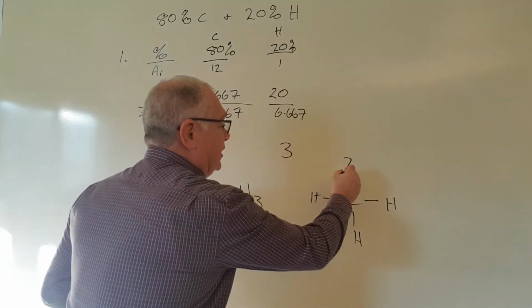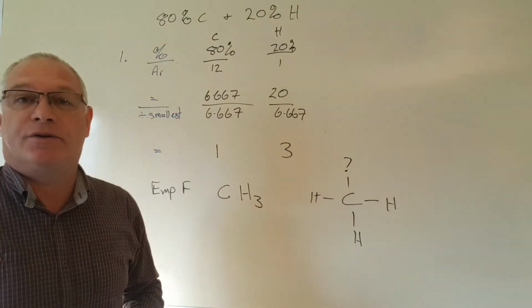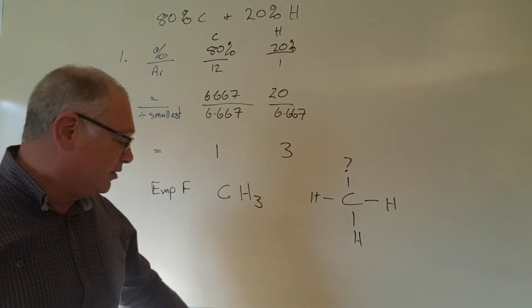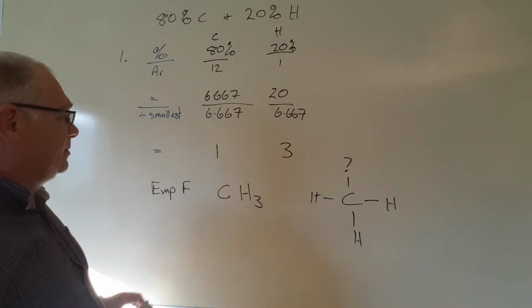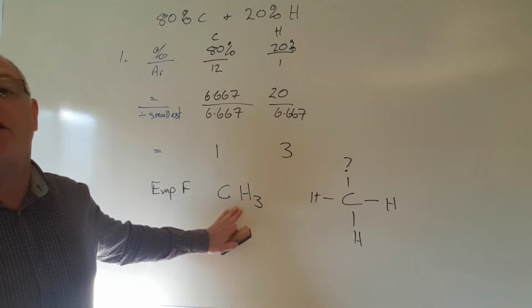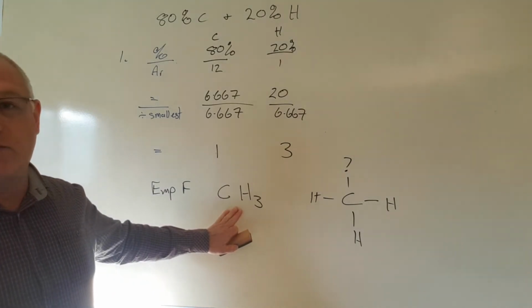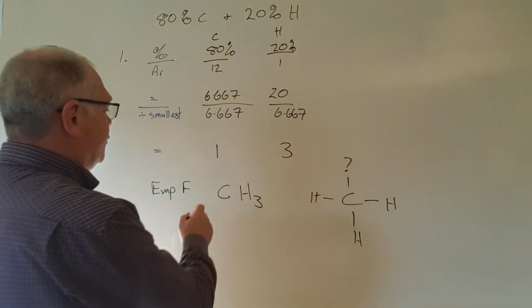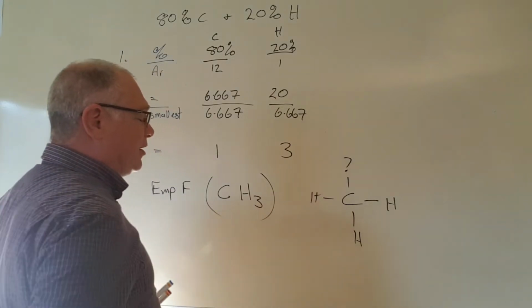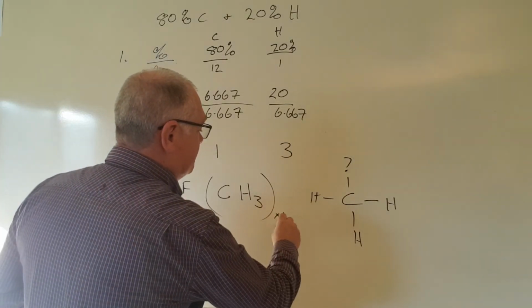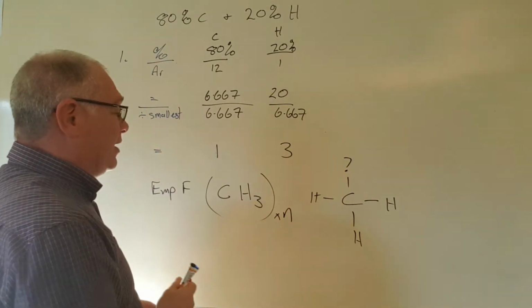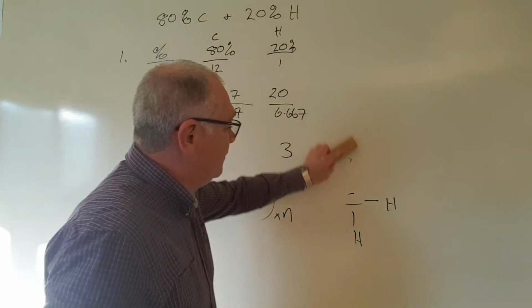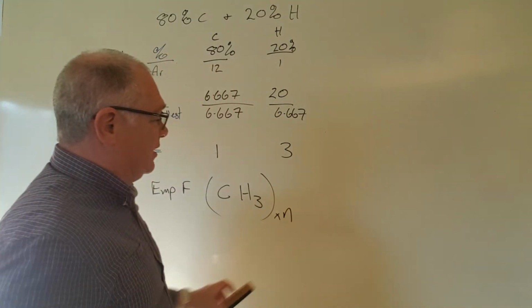There's got to be 4 bonds going to a carbon. We'll find that out later on when we're working with organic chemistry. So this is obviously not the final molecular formula. This is the empirical formula, and this empirical formula will have to be multiplied up by some whole number to give us the molecular formula.